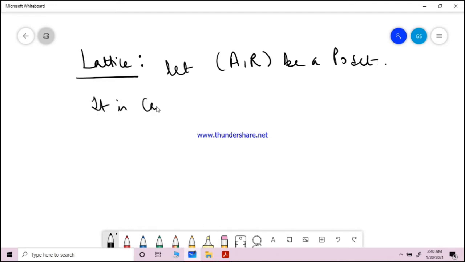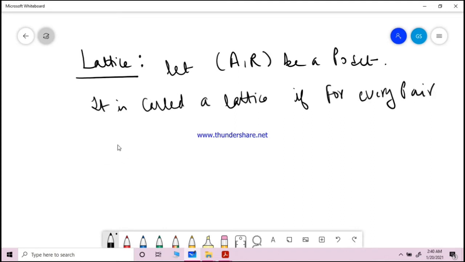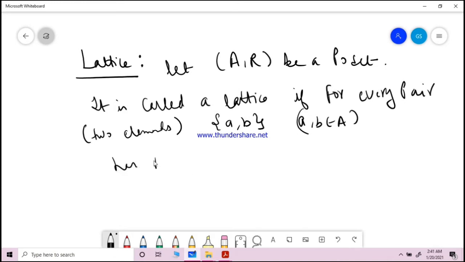It is called a lattice if for every pair, or for every two elements a, b, it has a meet plus join.